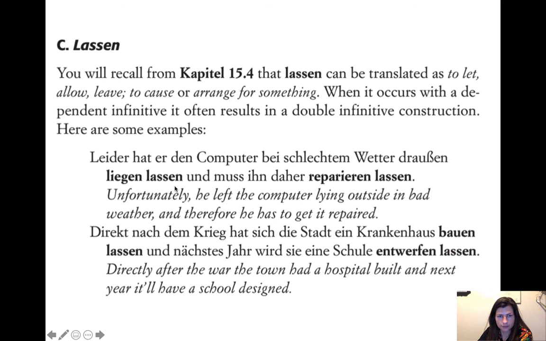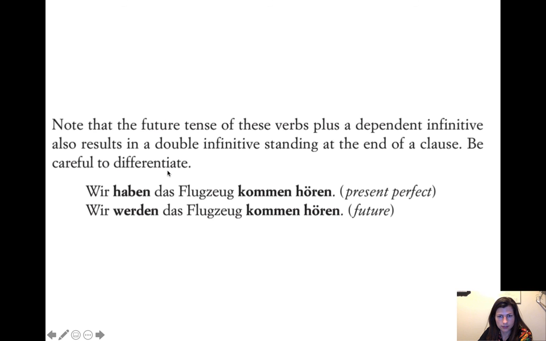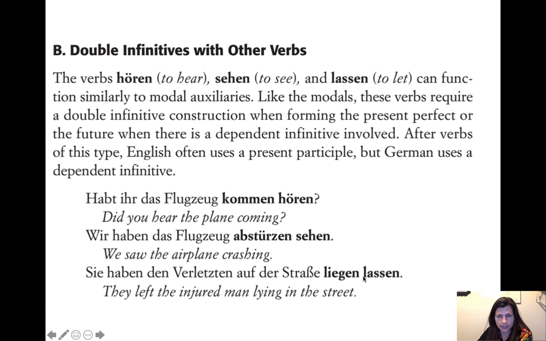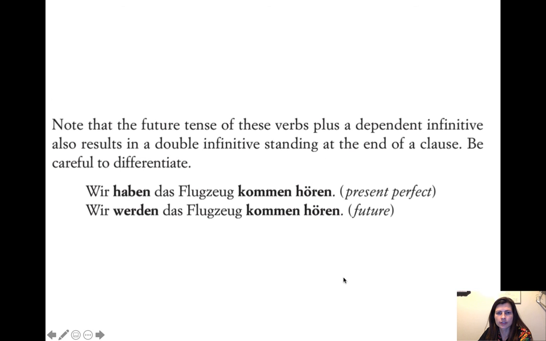So this first one is like left it lying there. So lassen means left, like left behind, and then the other infinitive just means lying. It's that kind of double infinitive happening. And so it's like left lying, left behind.